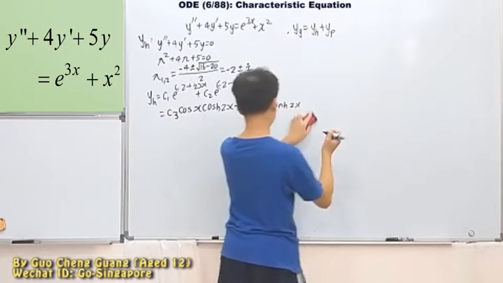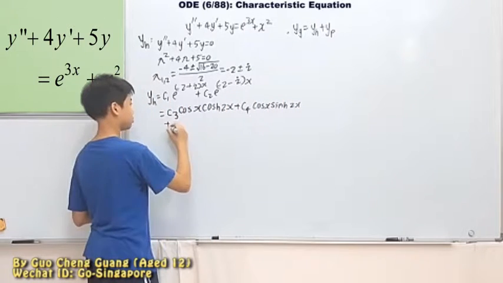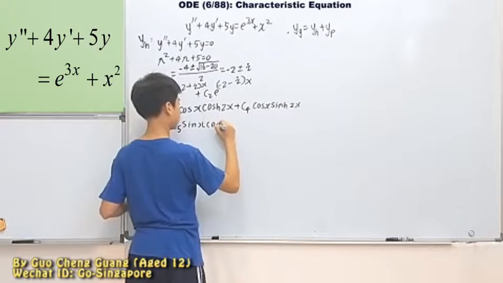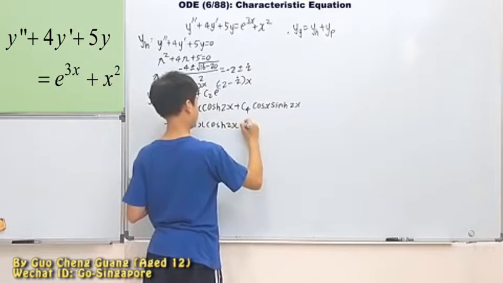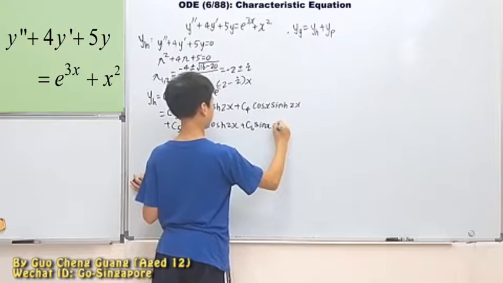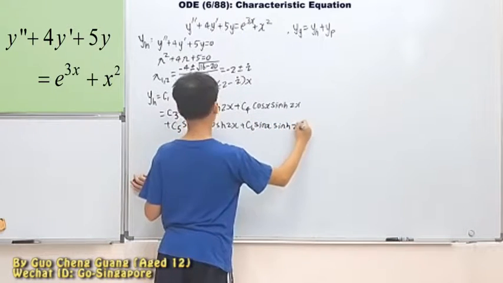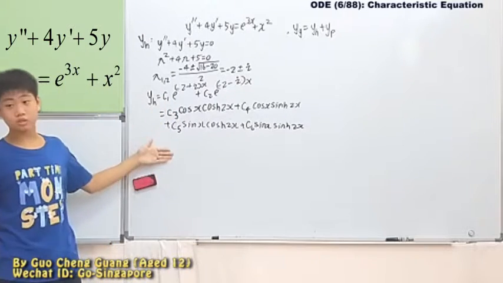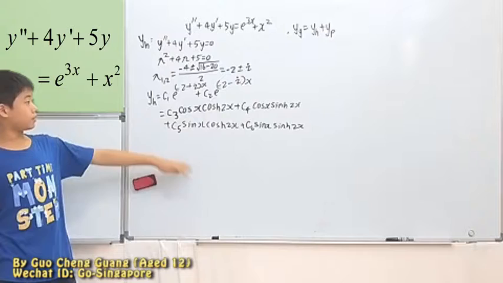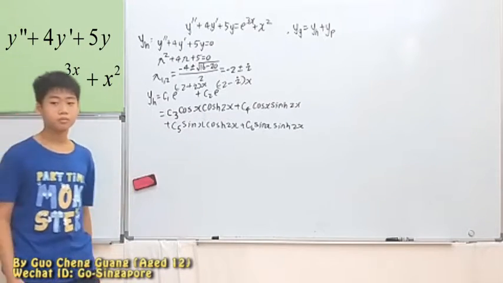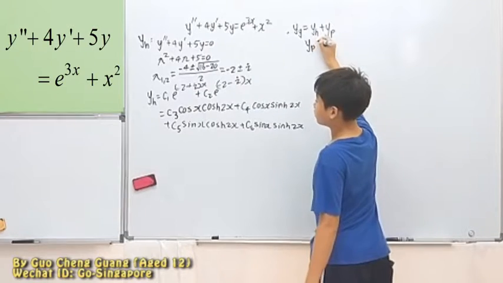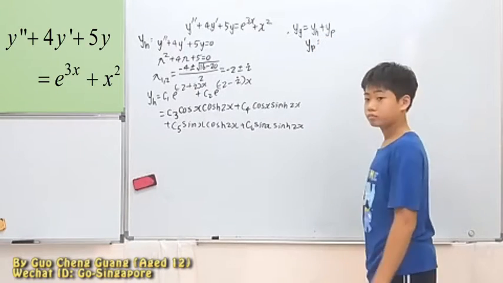So this part, let me just write it below. Okay, this is what you have. So this will be your yh. Next part will be your yp.